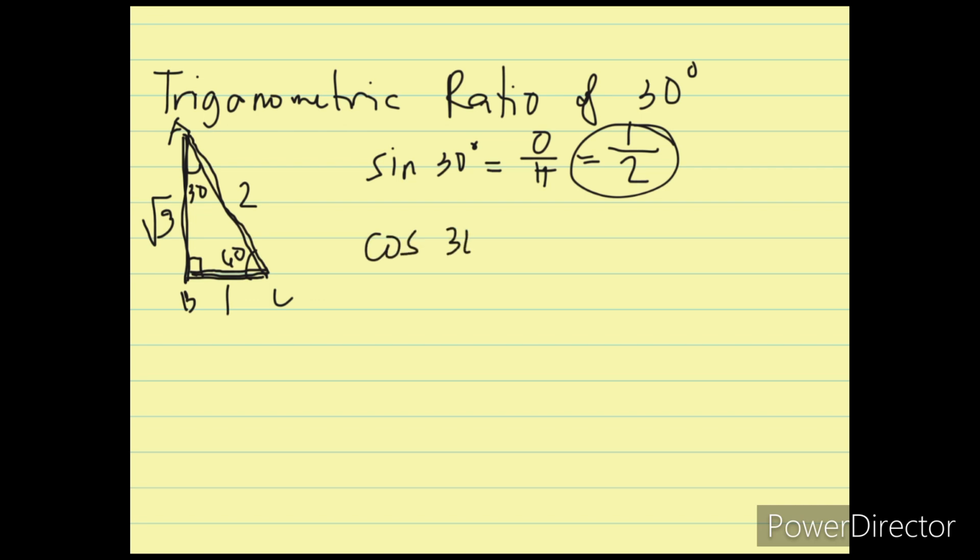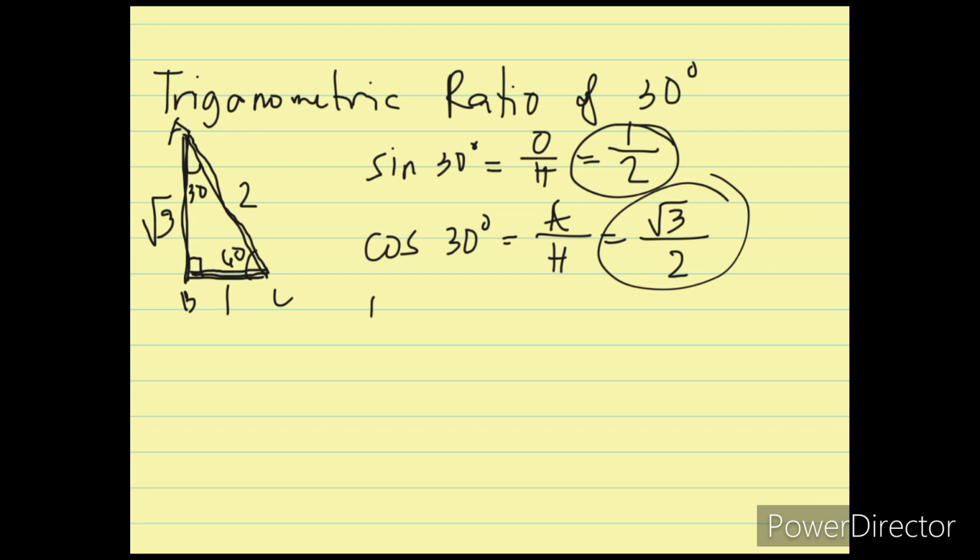How about the cosine of 30 degree? The cosine of 30 degree is adjacent over hypotenuse. So our adjacent is square root of 3 and our hypotenuse is 2. Therefore, that is now the cosine of 30 degree.